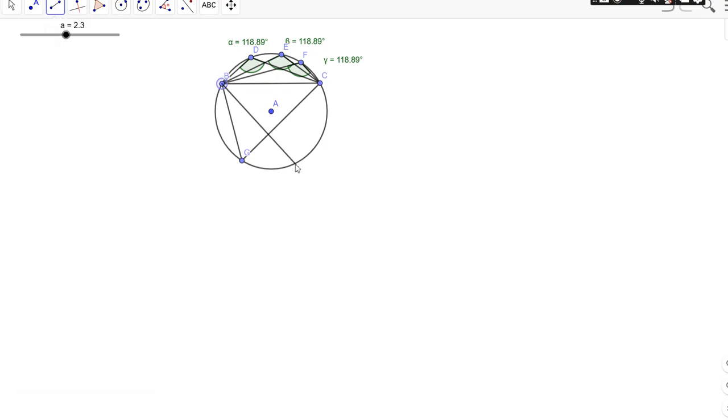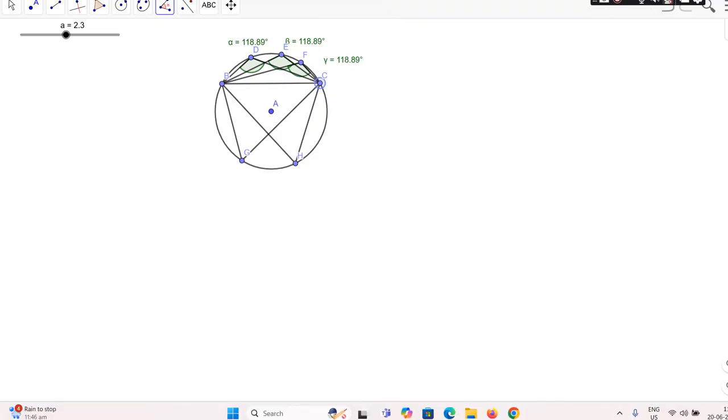Yes, now we will observe two points. Measure these angles. Angle CGB.